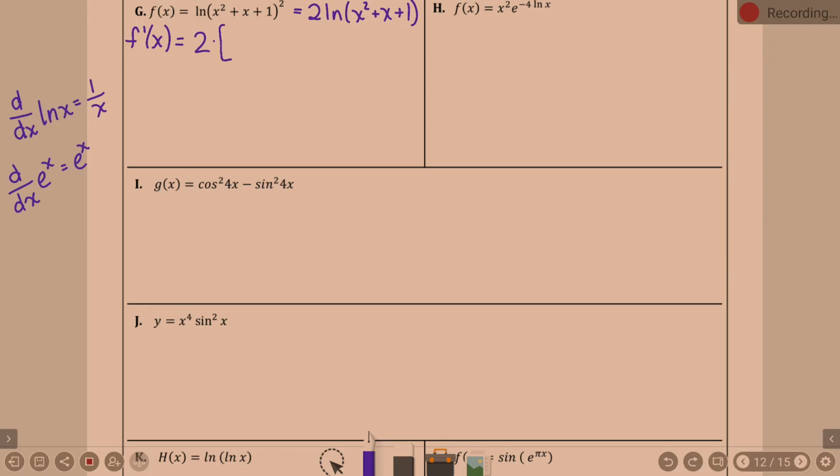And then we said 1 over something, so 1 over x squared plus x plus 1 times. So we just did the derivative of natural log of something. Now, what's the derivative of that something? So I'm saying, what's the derivative of x squared plus x plus 1? It would be 2x plus 1.